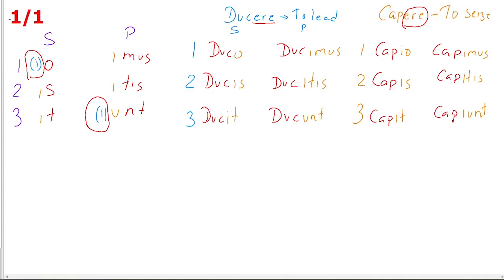Now let's take a look at the basic differences that we have, because this will help us to differentiate between the third regular and the third IO. So first we see that there is this I additional in the first person singular and the I in the third person plural. Apart from that, we see that the rest of the endings are similar.